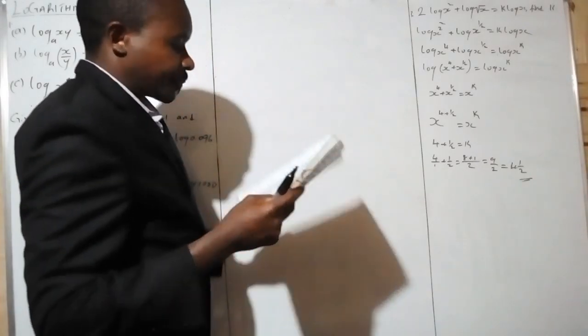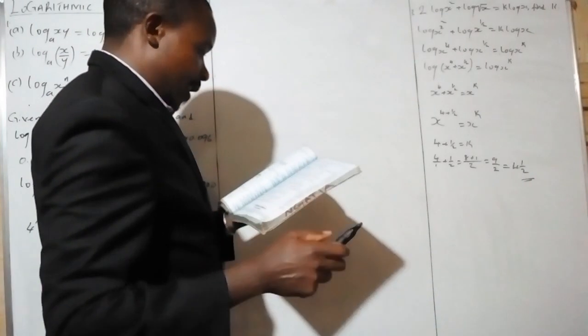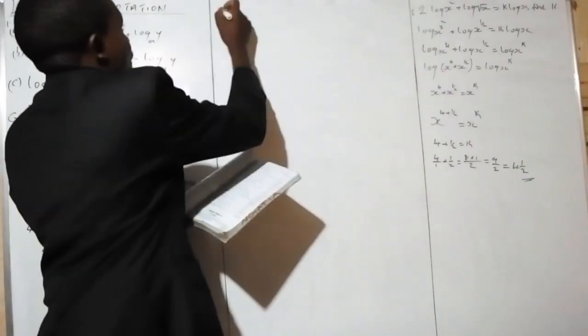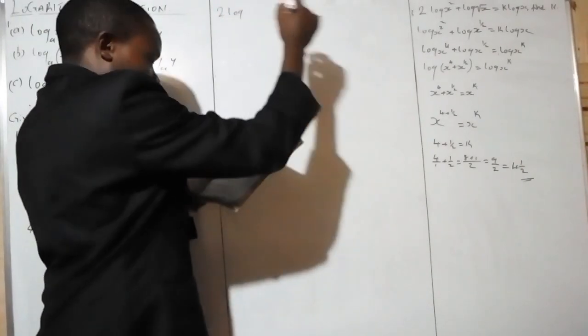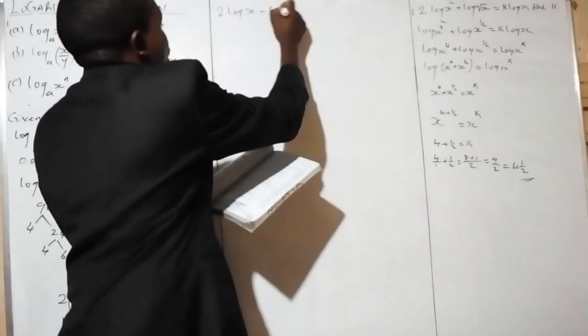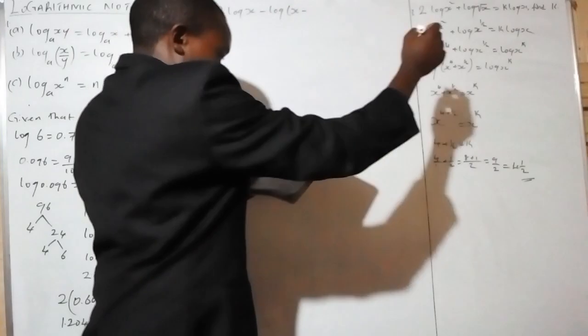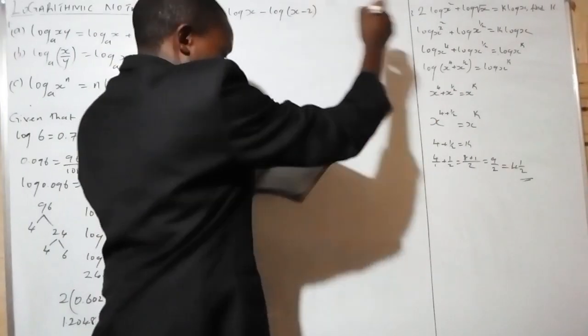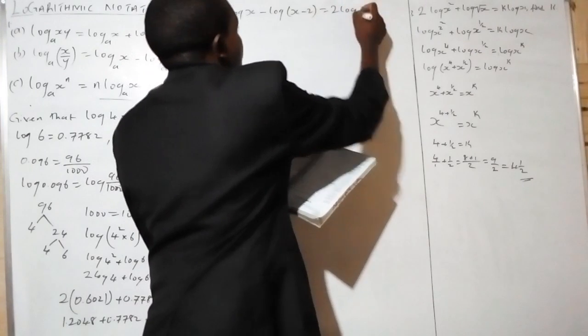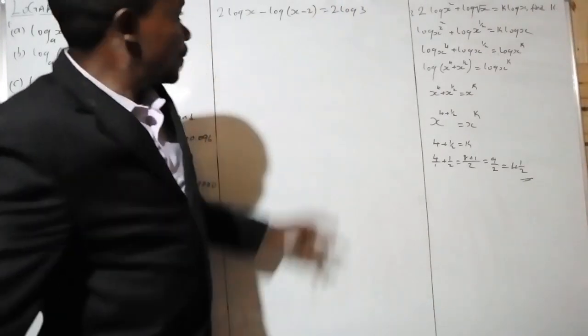You've been given 2 log x minus log of x minus 2 is equal to 2 log 3. In this question, you've been given all the logs.